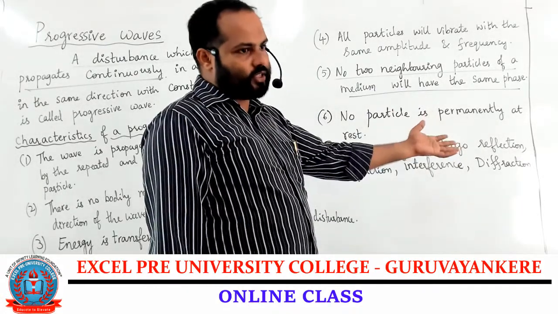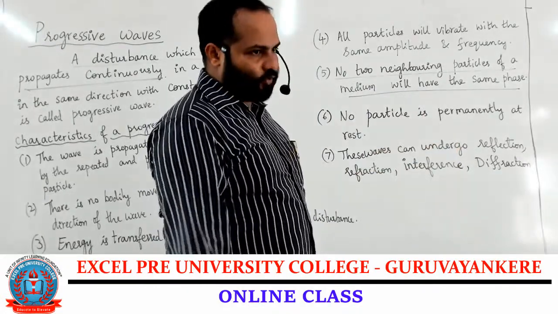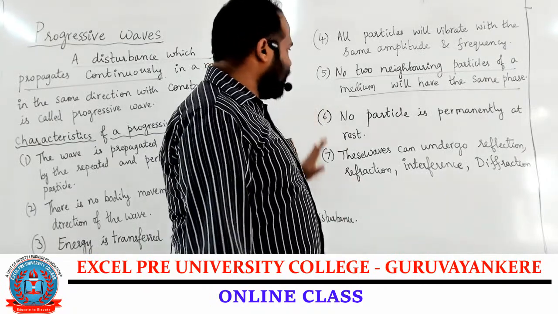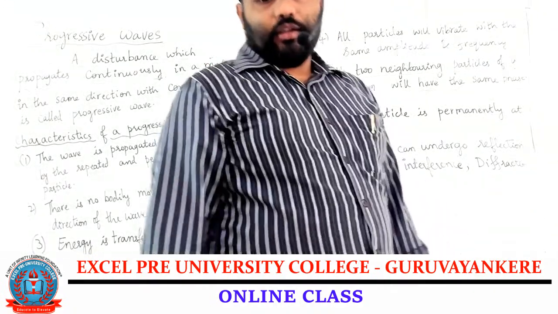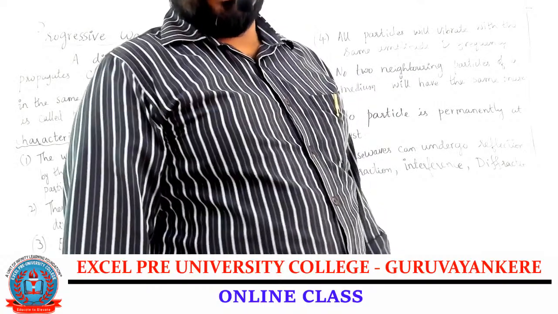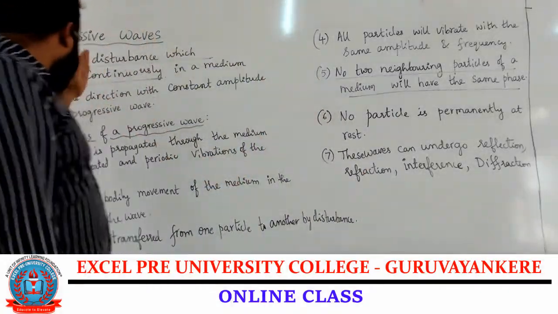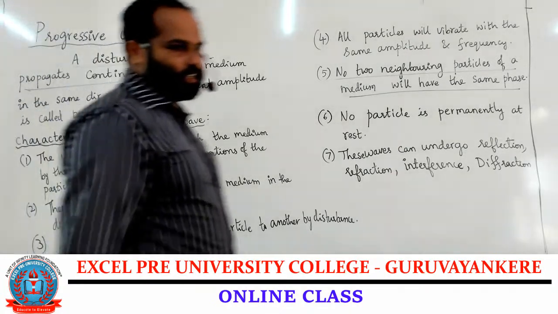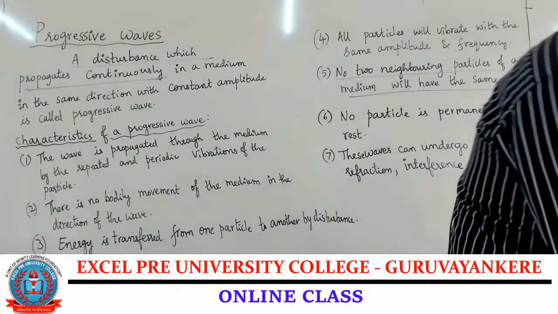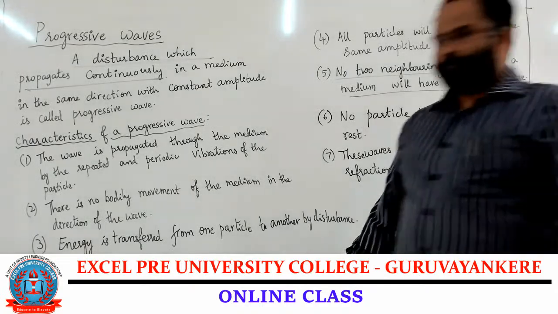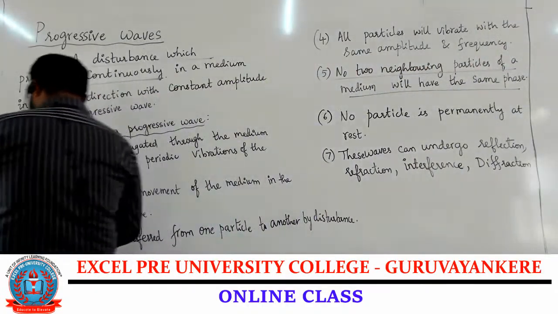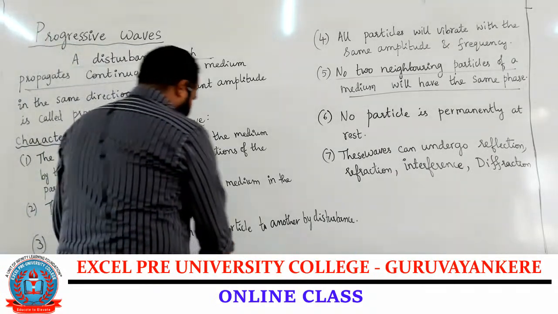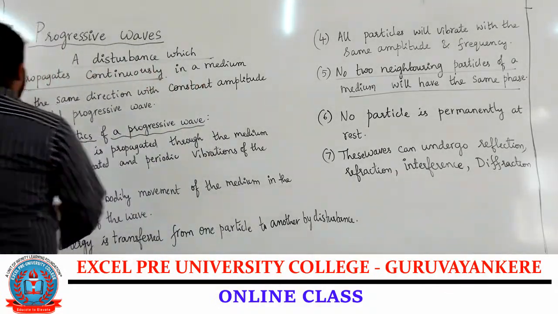Diffraction is the one which you may not be aware of right now. So these are some of the points or characteristics of a progressive wave. We will move on to wave velocity and all these things now.